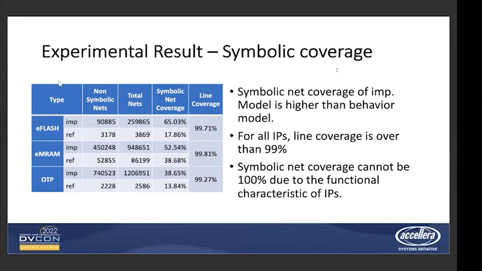This is because the implementation model from the circuit uses bi-directional ports, and it makes it easier to propagate symbol values through the netlist back and forth. Besides, the behavior model mostly uses directional ports, and it restricts the symbol value to propagate from input to output only.